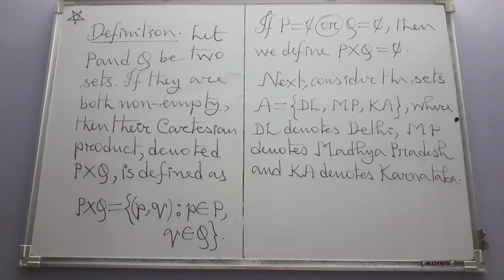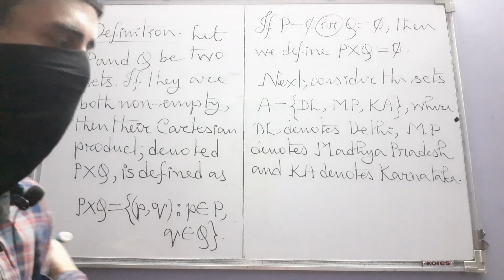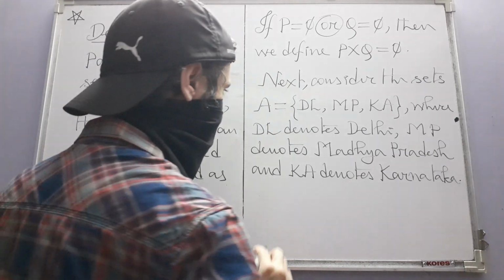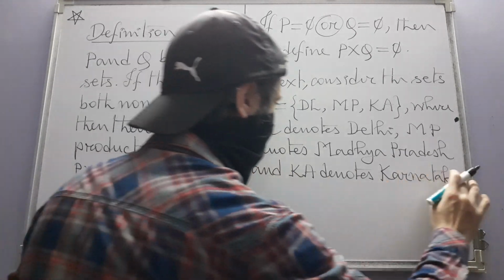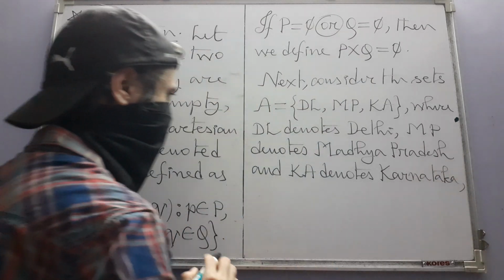These are Indian states. Delhi, of course, is not a state, it's a union territory. And, okay, we still have to write the other set.